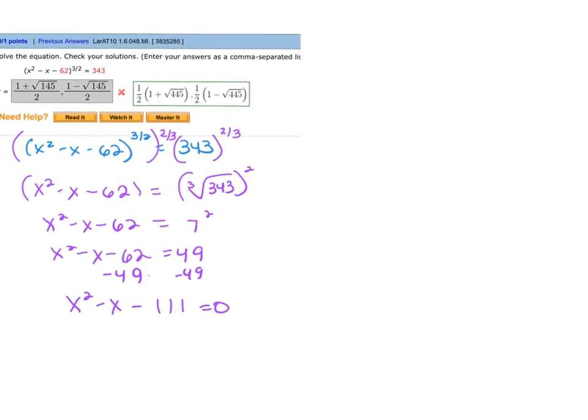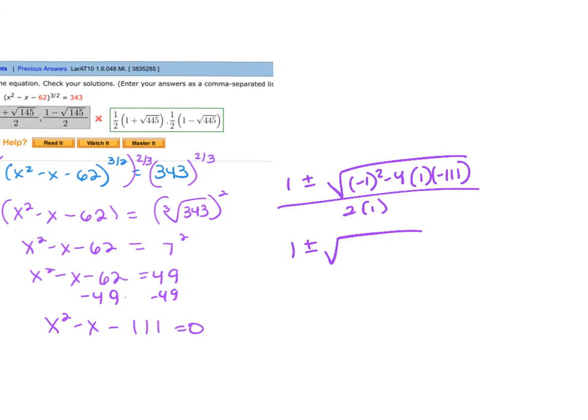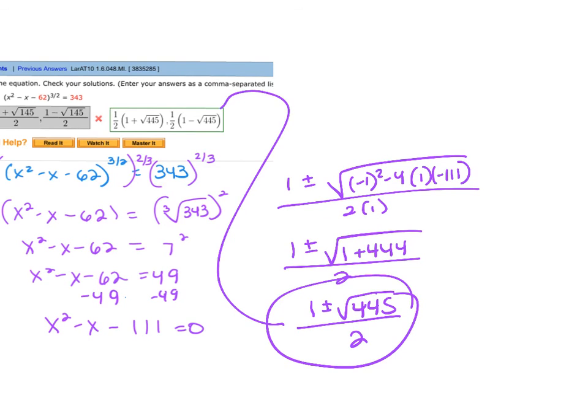That's not factorable, so I have to use the quadratic. Negative b plus and minus the square root of b squared minus 4 times a times c all over 2 times a. And here matches that. It's just separated out, pulled out the 1/2. So you can actually leave it the way that it is because it won't simplify.